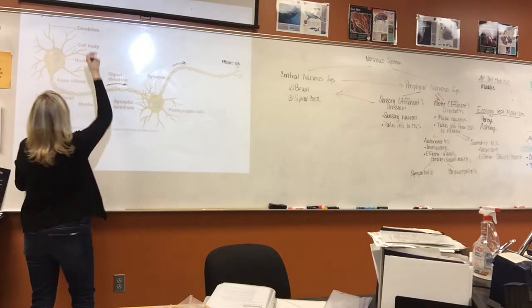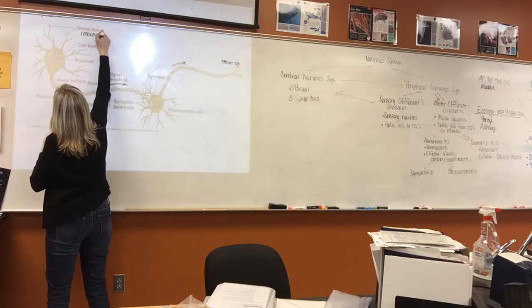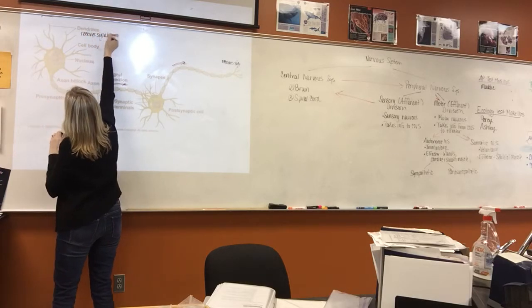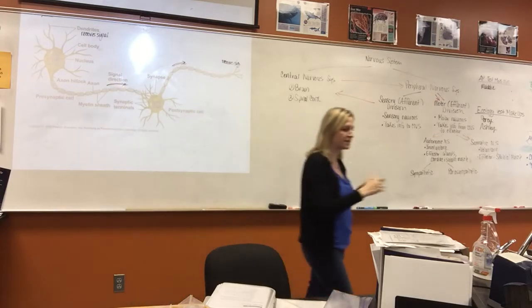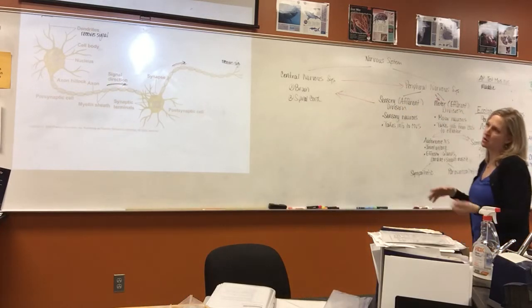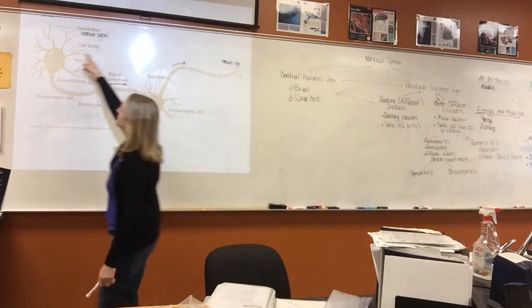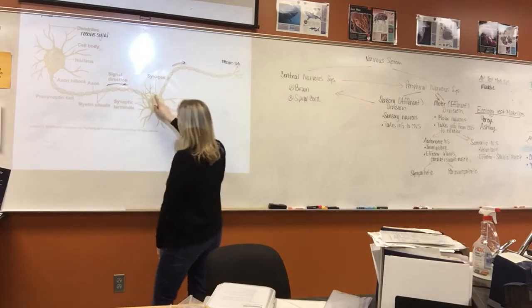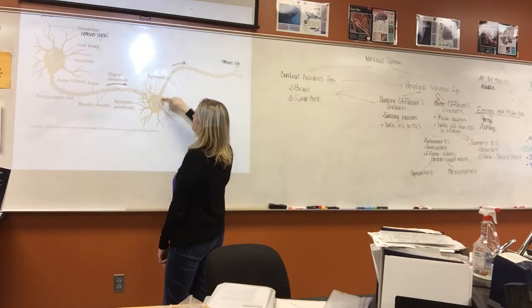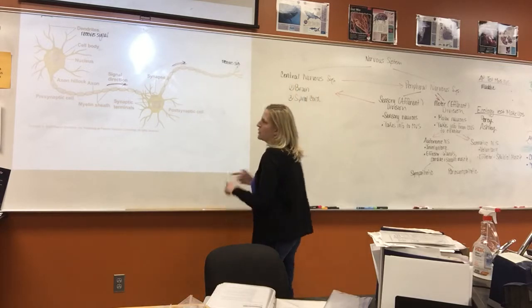So here it receives the signal. If this is, let's say, a sensory neuron, it has receptors in the membrane of the dendrites to sense changes in pressure or temperature, and then that triggers the signal to go to the cell body, down the axon, and to the synaptic terminals, where it's going to communicate with the next cell, which then will send the signal down and communicate with the next cell, and so on and so forth.